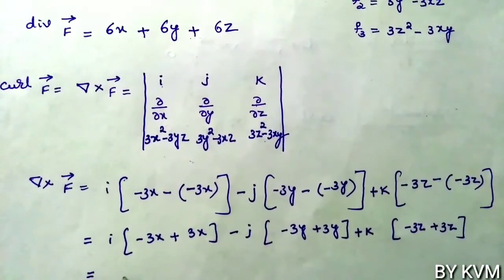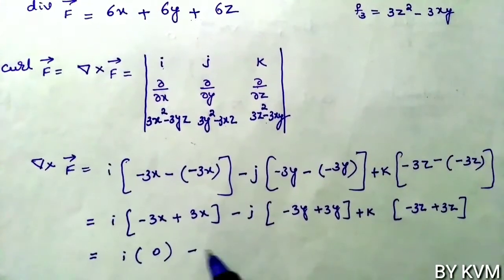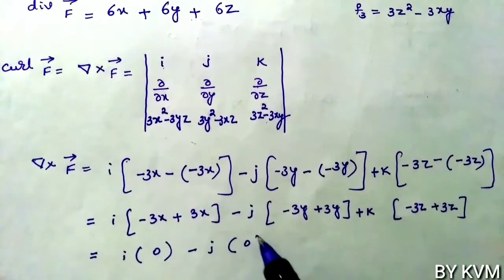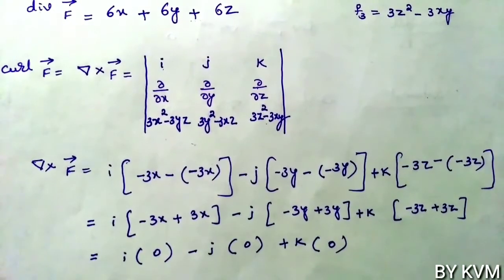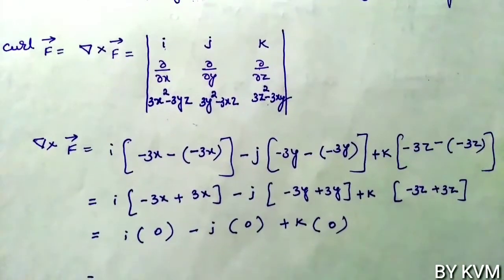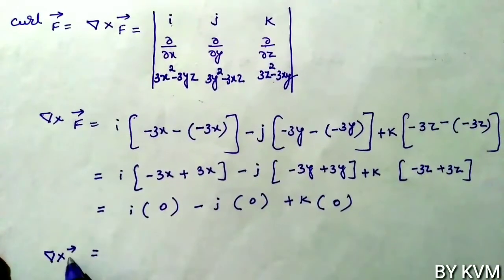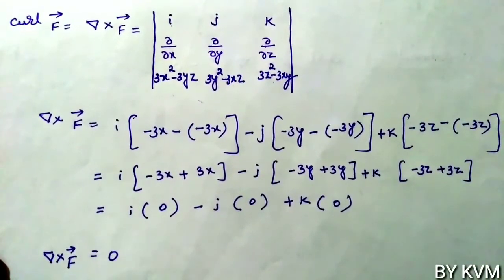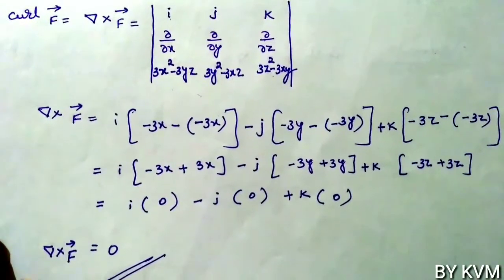So this is equal to i times minus 3x plus 3x is 0, minus j minus 3y plus 3y is 0, plus k minus 3z plus 3z is 0. So del cross vector f is 0. So curl of vector f or del cross vector f is 0.